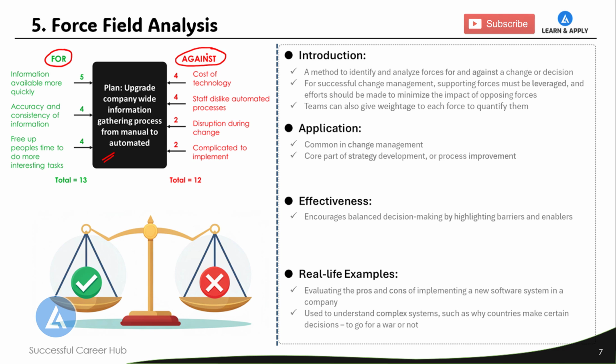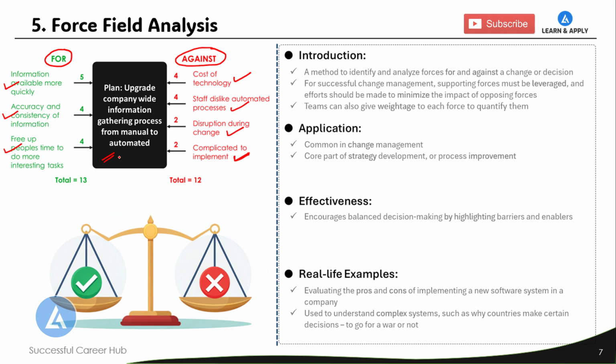The forces which are in favor of the change are information available more quickly, accuracy and consistency of information. It frees up people's time to do more interesting tasks, whereas the forces against this change are cost of technology, staff dislike automated process. It will also create disruption during change, and this change is complicated to implement.